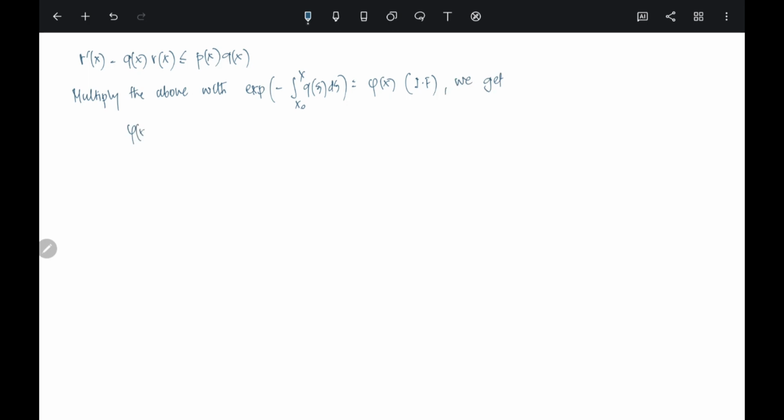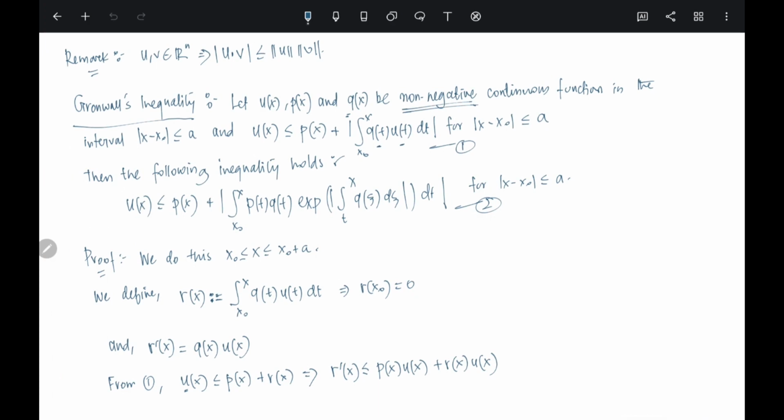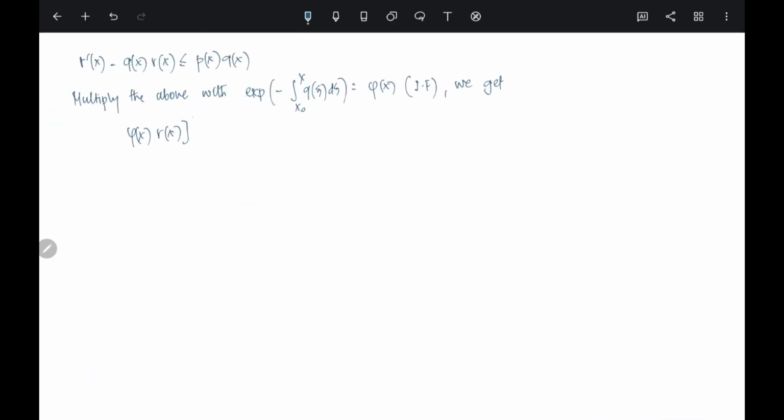We get phi of x times r of x. Did we use phi anywhere? I don't think so. Okay, so we can use it. So the derivative of that is dominated by p of x q of x and phi of x, right? So we define phi to be this function, the integrating factor, right? So once that is there, now if you integrate both sides, what do you get? You get r of x, and this is 1 by phi of x, right?